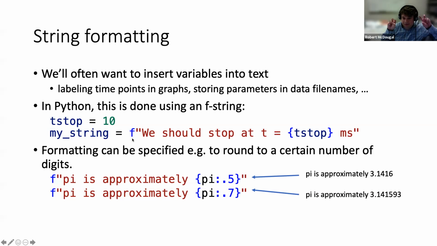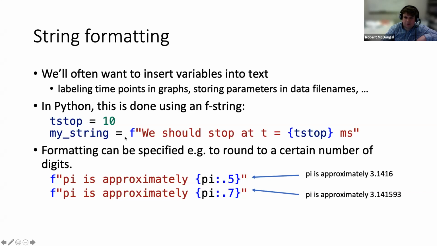It becomes an F string, analogous to what JavaScript calls a template string, if you know about that. So here, in an F string, we should stop at t equals, and then whenever it sees the curly brackets and then an expression, it'll just look that up. So here it's curly brackets t-stop, it'll look up t-stop, and throw the value of t-stop in here.